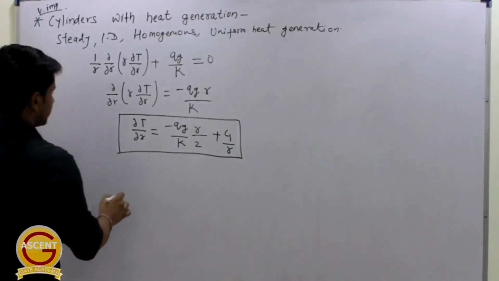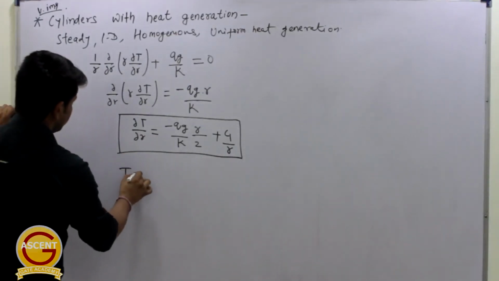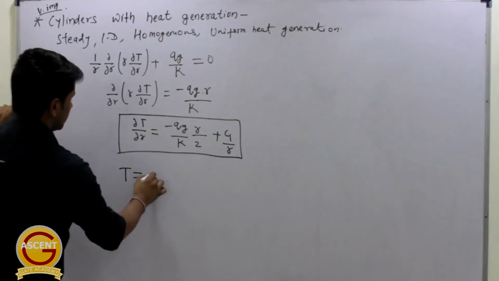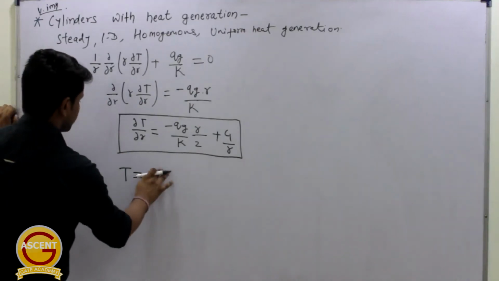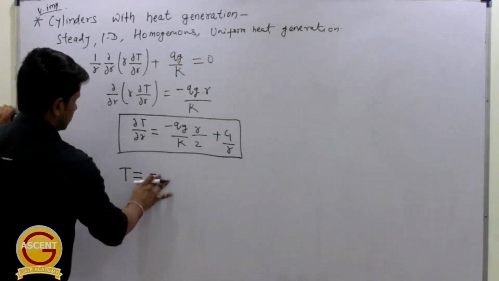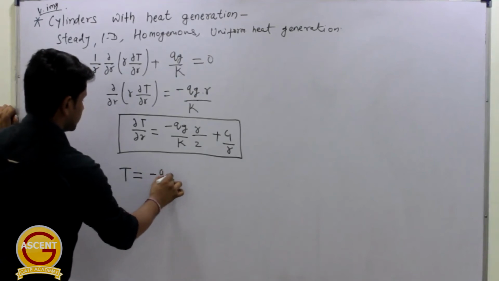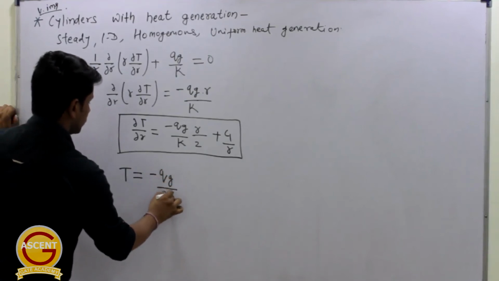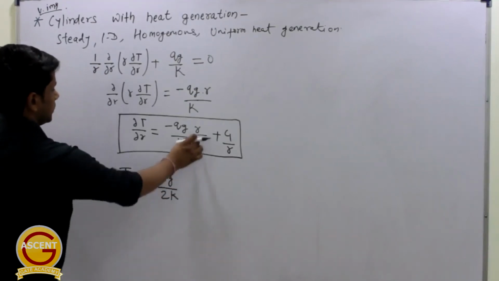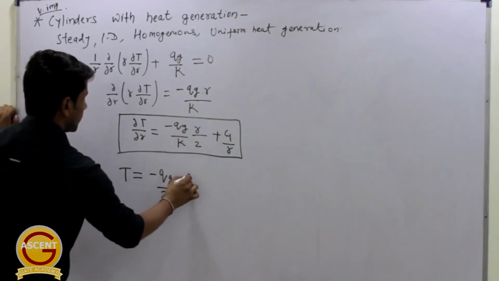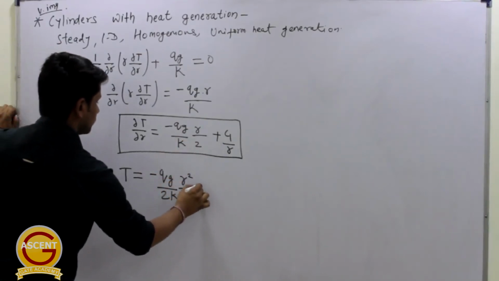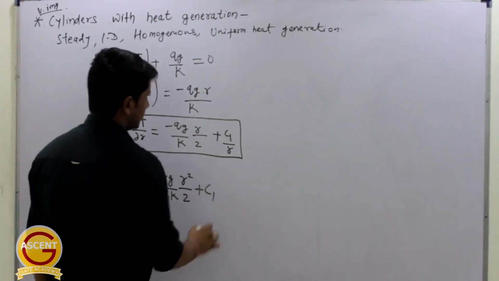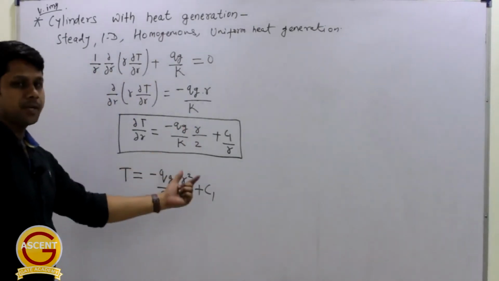Now let's integrate once again, so it will become T is equal to minus Qg by 2K into integration of R, again it will become R square by 2 plus C1 into integration of 1 by R will be what?